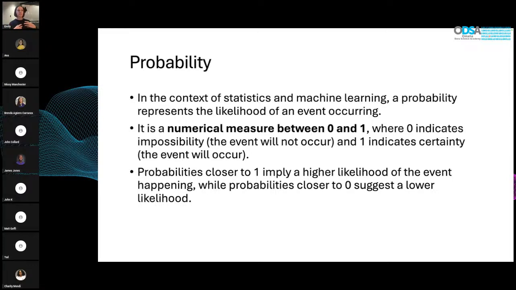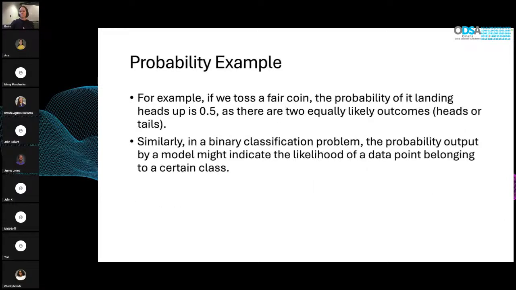This is probability theory, the likelihood that an event will occur. For example, you take a coin and you toss it. What's the probability that a coin lands heads up, or the probability of this outcome versus another outcome?